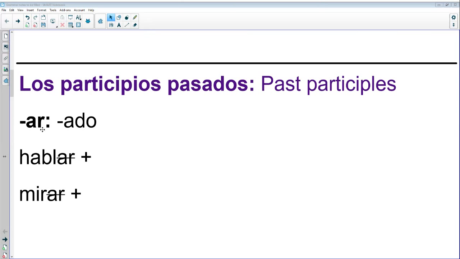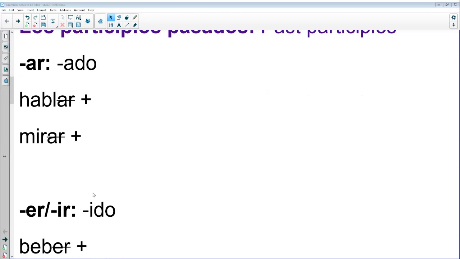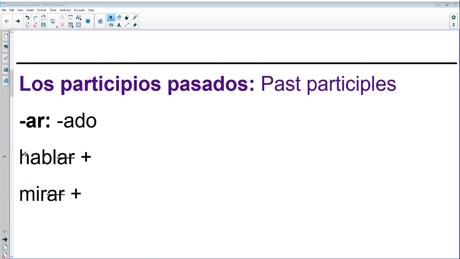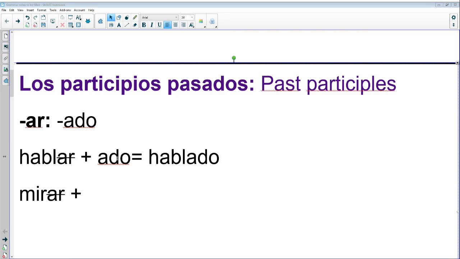Our first past participles, we're going to look at our regular past participles. There are AR past participles and there are IR verb past participles, and here's how you form them. You start with your infinitive verb, such as here we have hablar. You take off your AR and then you add the three letters ado. So you end up with hablado, which means spoken.